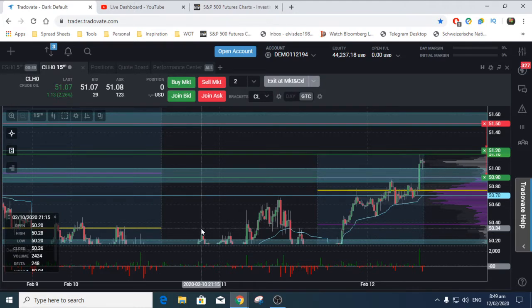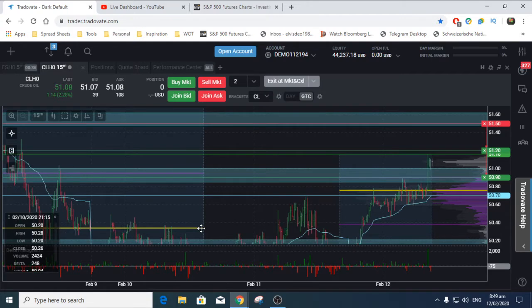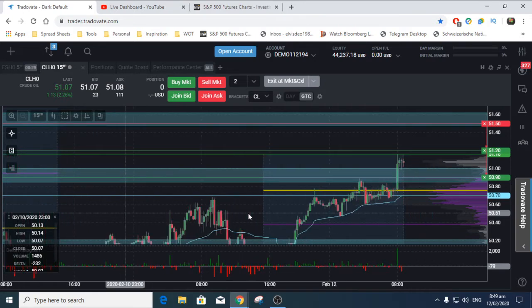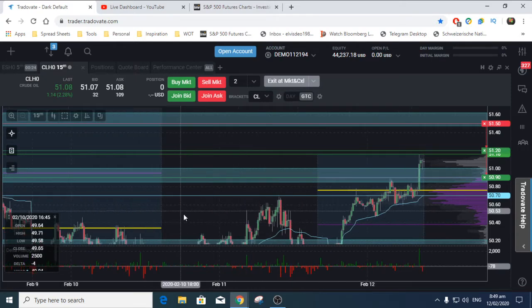We got a simple entry at 50.55 to 50.40, the kill zone we're looking at also.